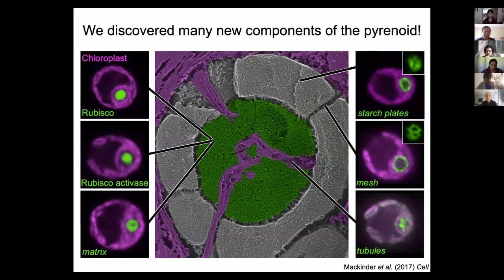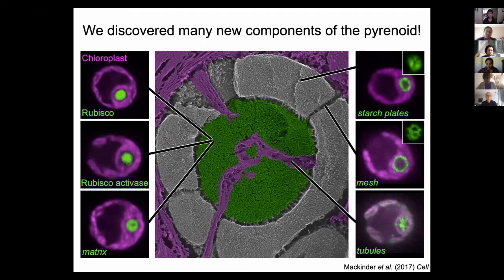We then went on to perform immunoprecipitations and mass spectrometry on these and other pyrenoid localized proteins. And together we identified a total of over 90 high confidence pyrenoid proteins. In fact, the project has been so successful that we're now expanding it to the scale of thousands of proteins that are associated with the chloroplast.